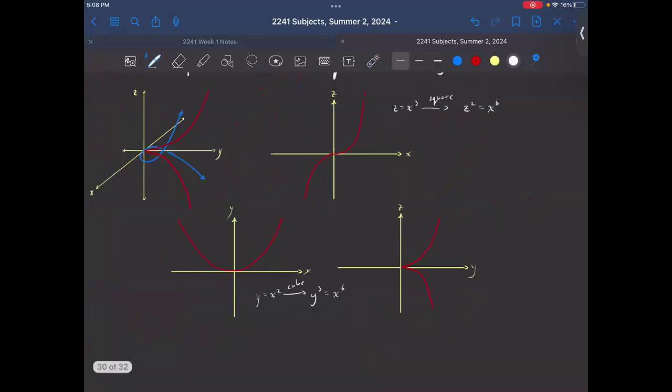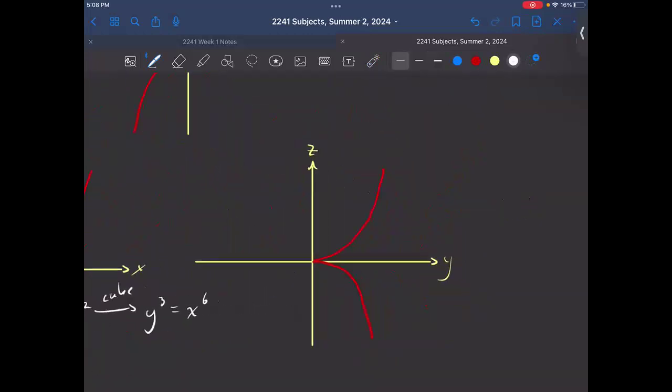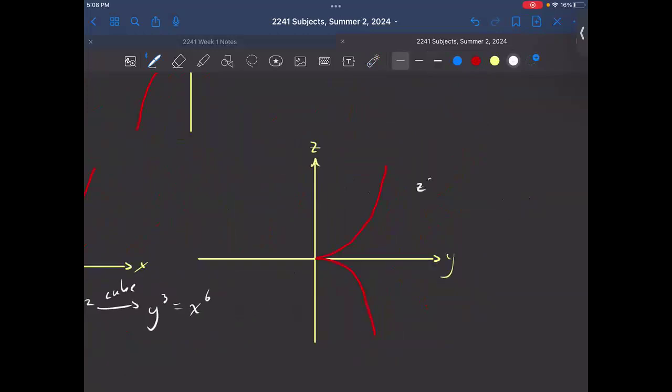But then I have x to the 6th in both equations, so here I have z squared equals y cubed, and that is my equation in z and y.